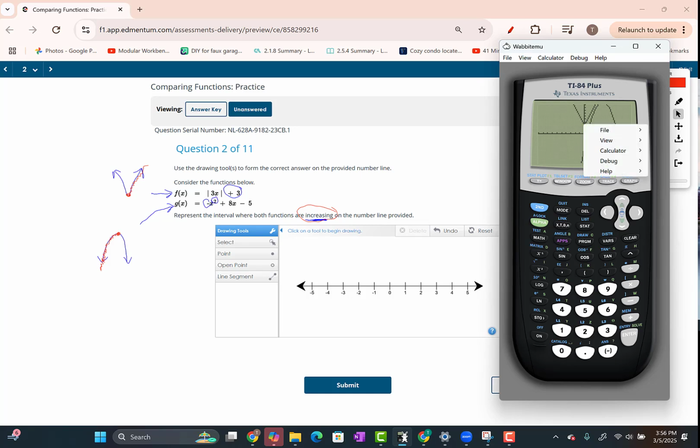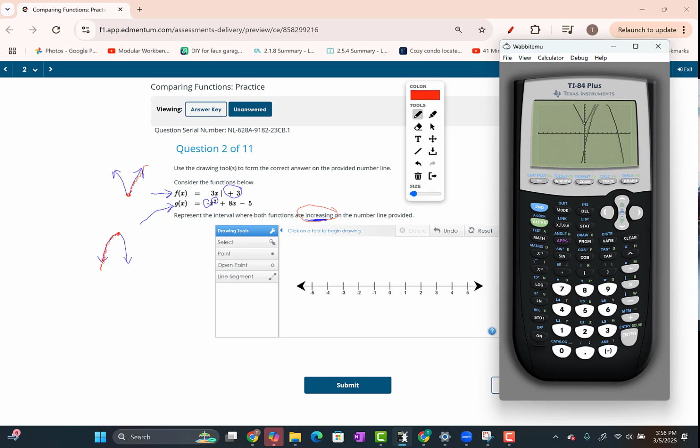Well, it appears from the bottom point of the V-shaped graph to the vertex of the parabola, that's the only space where both of these graphs are increasing.